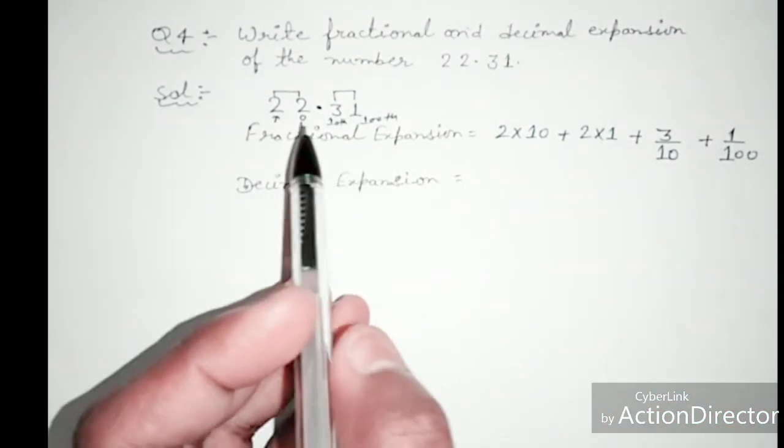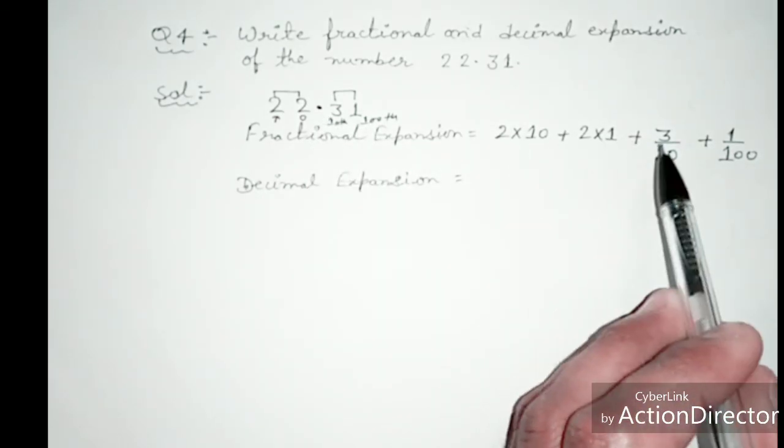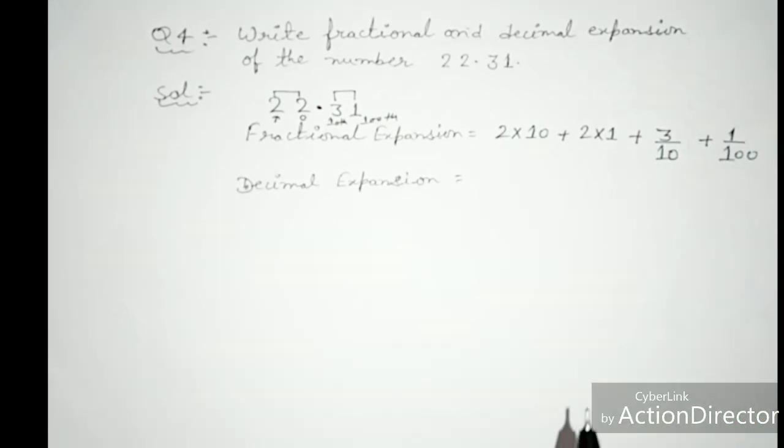So the fractional expansion of 22.31 is 2 into 10 plus 2 into 1 plus 3 upon 10 plus 1 upon 100.